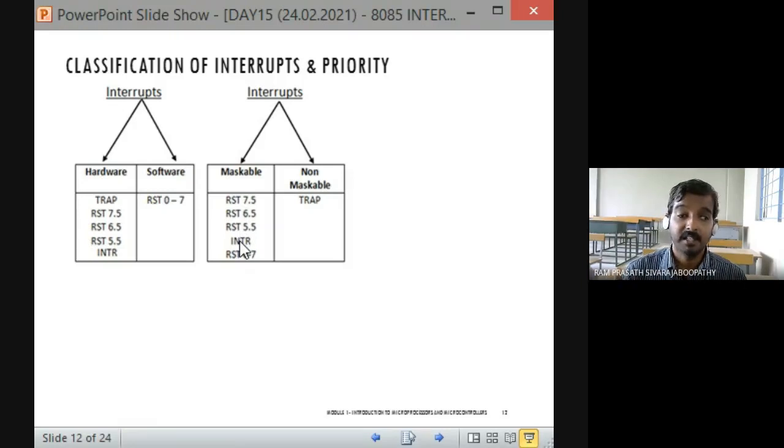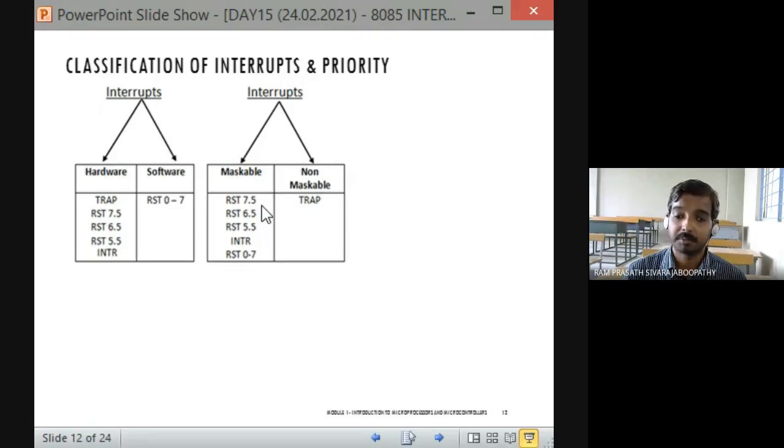The CPU can either delay the service to that particular interrupt or avoid it. That means by writing some program, we can configure the interrupt control of 8085 so that these 4 interrupts can be avoided or delayed in being serviced.